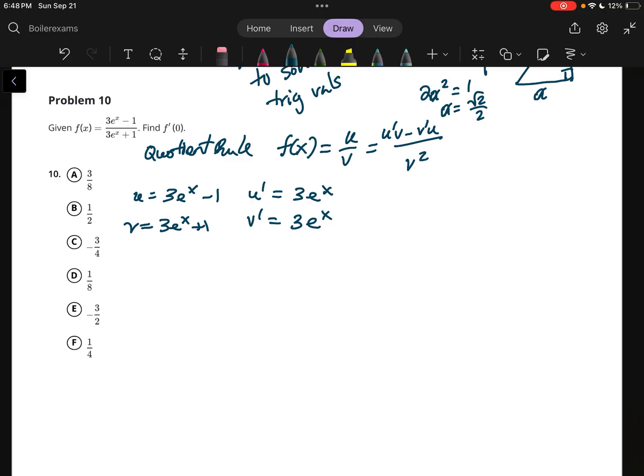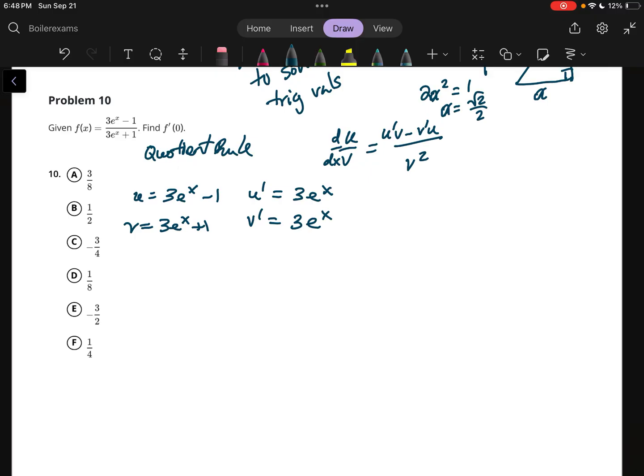Now all I have to do is plug things in. The way I wrote this is not very good, but basically d/dx of u over v is equal to what I wrote over here.